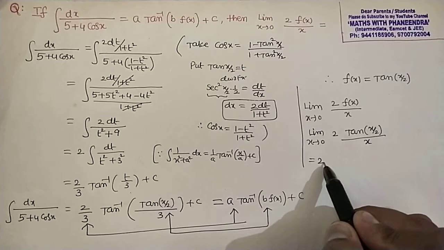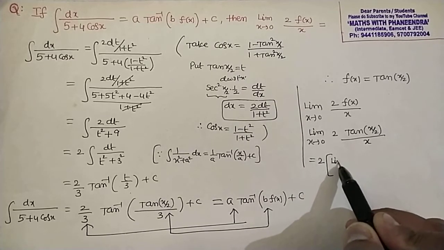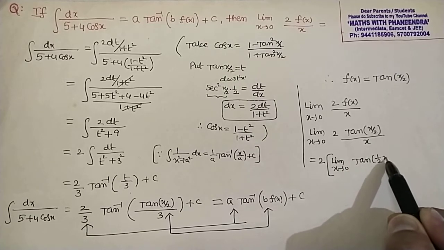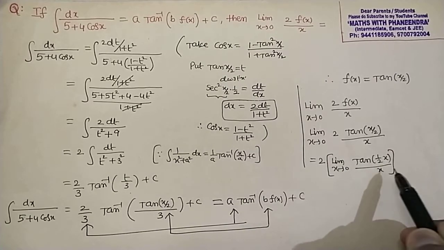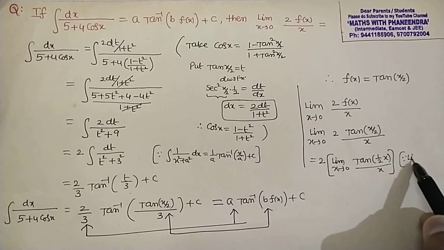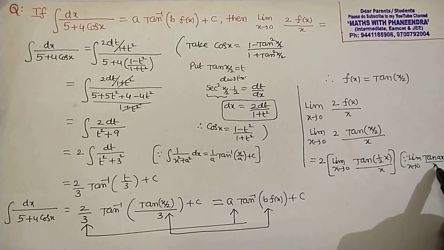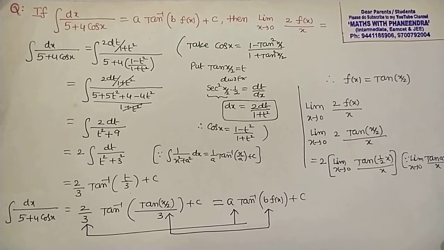The constant 2 we can take outside. Limit x tends to 0, tan x by 2 can be written as tan 1 by 2 x by x. We have the formula limit x tends to 0, tan ax by x is equal to a.